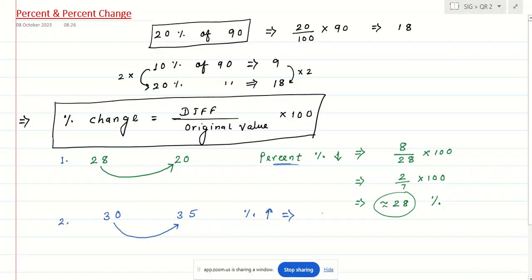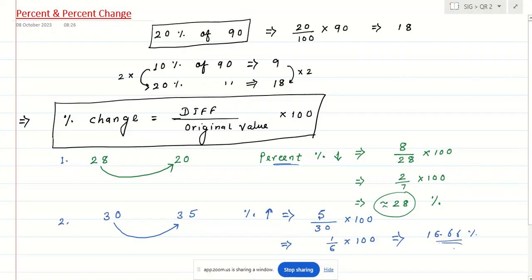How much is the difference? 5. What is the original value? 30. And multiply into 100. That's all. So what do we get here? 1 by 6, 1 by 6 into 100. Basically you should know the percentage value of 1 by 6, that is 16.66 percent.